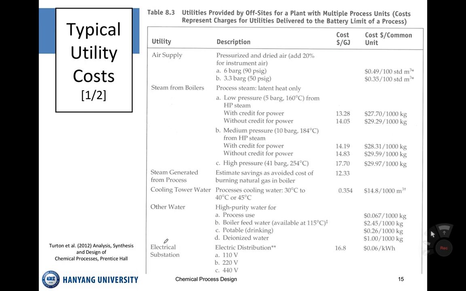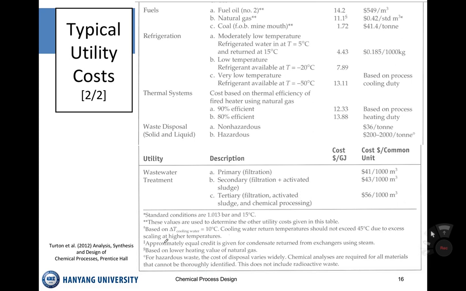But there are some additional utilities, like air supply and waste disposal. So there are other elements related to the utility cost. This is supplementary material for better understanding in your study.